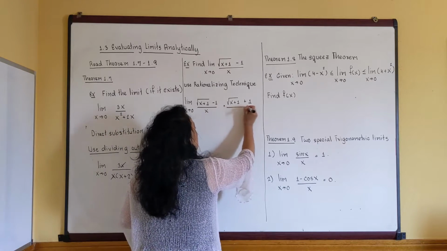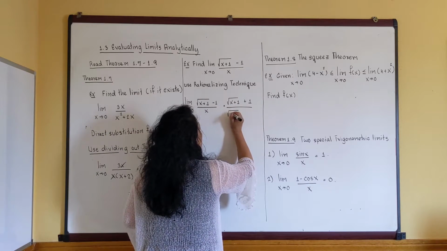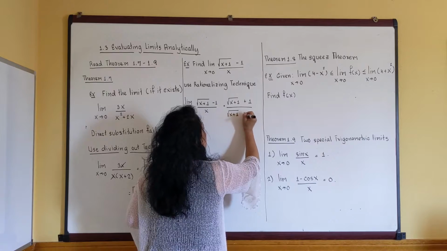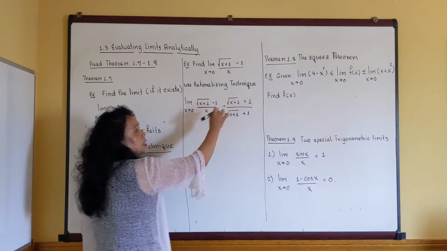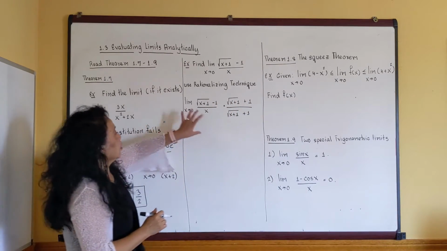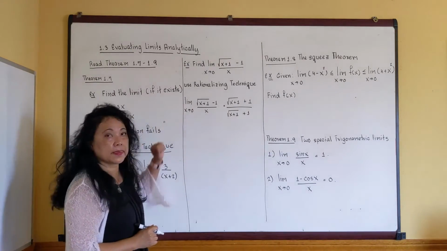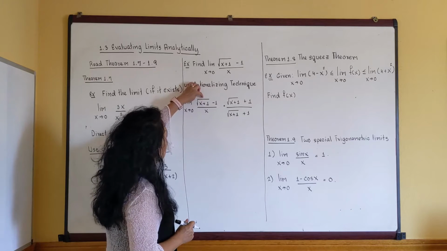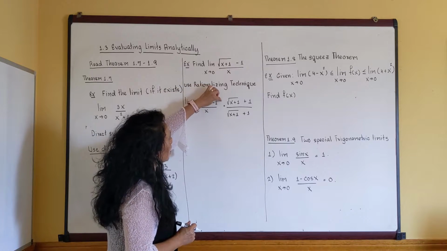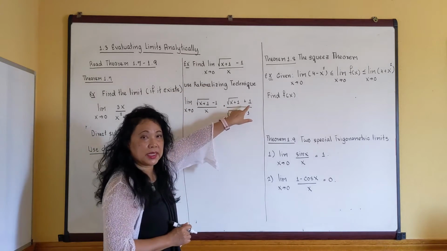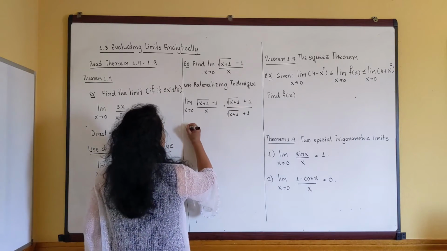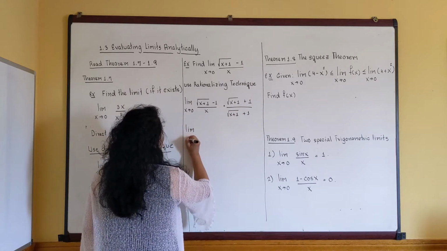Alright, so the denominator will be square root of x plus 1 plus 1. So this whole term basically is equal to 1, so it doesn't change the value. If you remember the difference of squares, think of a minus b times a plus b. So I'm going to use the difference of squares here.